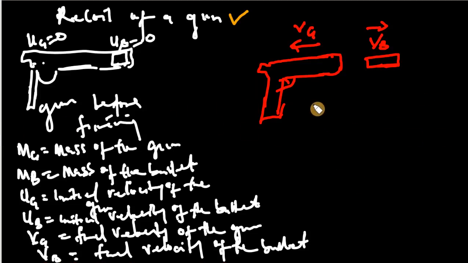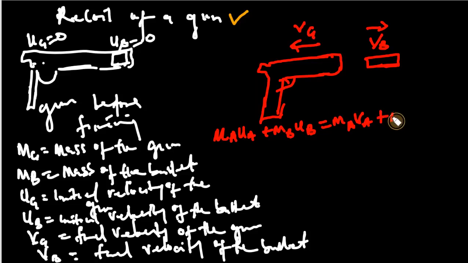So you now see that from the conservation of linear momentum, the velocity after we have fired the bullet is different. Using this formula for conservation of momentum, mAuA plus mBuB equals mAvA plus mBvB.